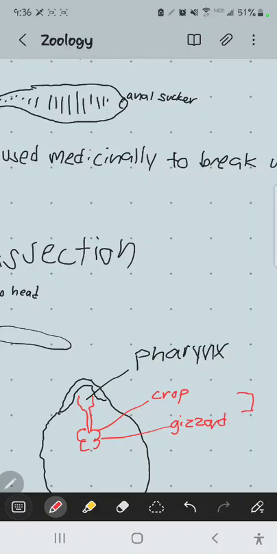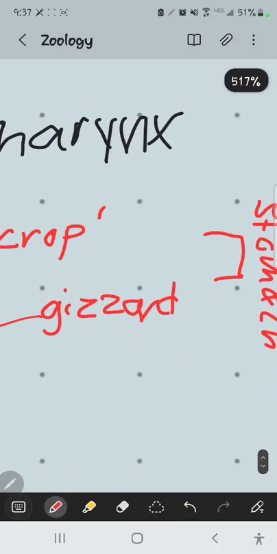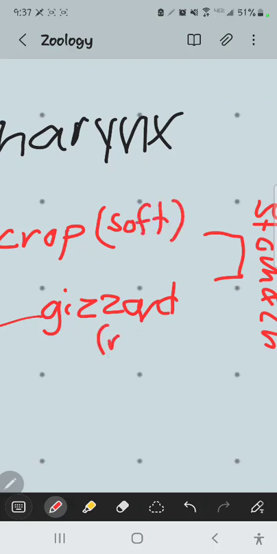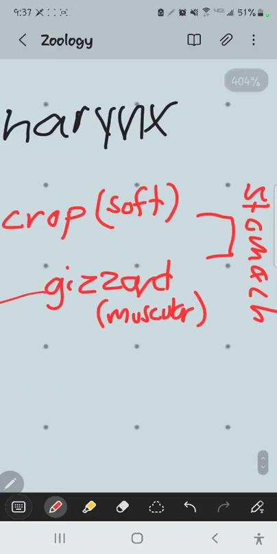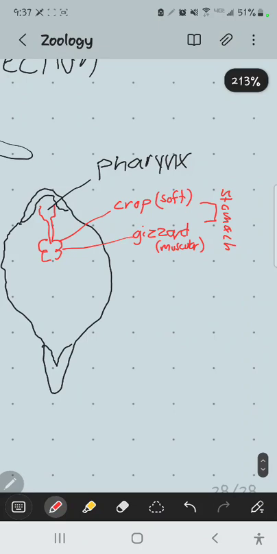If you poke it with a pin or with your probe, it gives, and you can feel that it's baggy, or soft, meaning it's membranous. The gizzard is muscular, so when you poke the gizzard, it pushes back and doesn't really fold up. So the crop is like an enzyme stomach that dumps enzymes onto the food, and the gizzard is a grinding stomach that uses muscles to grind up the food.